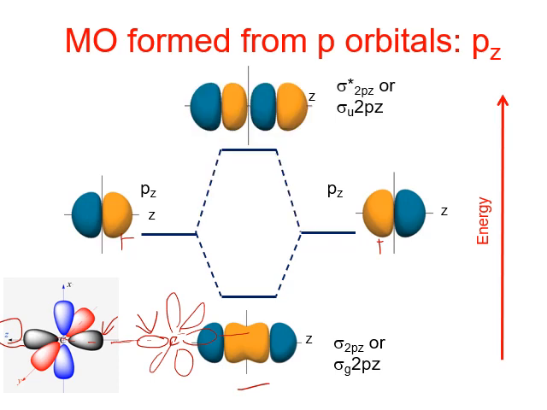Now these orbitals are sigma bonds, because if this is the molecular axis, when you rotate, it doesn't change sign. Similarly, for the anti-bonding, if you rotate, it doesn't change sign. And so both bonding and anti-bonding are sigma bonds for the pz atomic orbitals forming molecular orbitals.